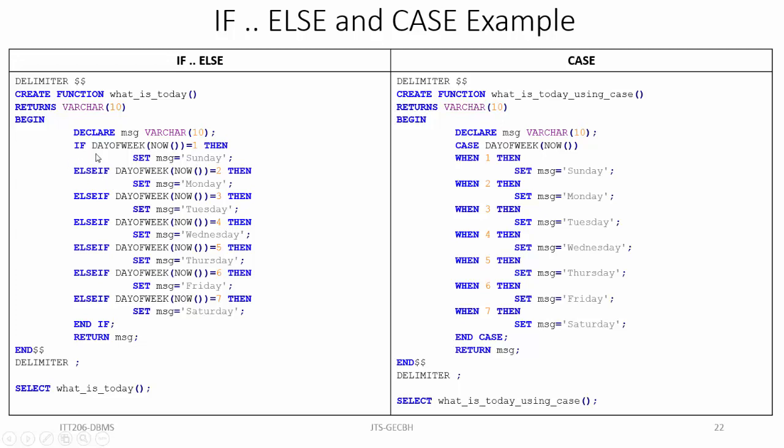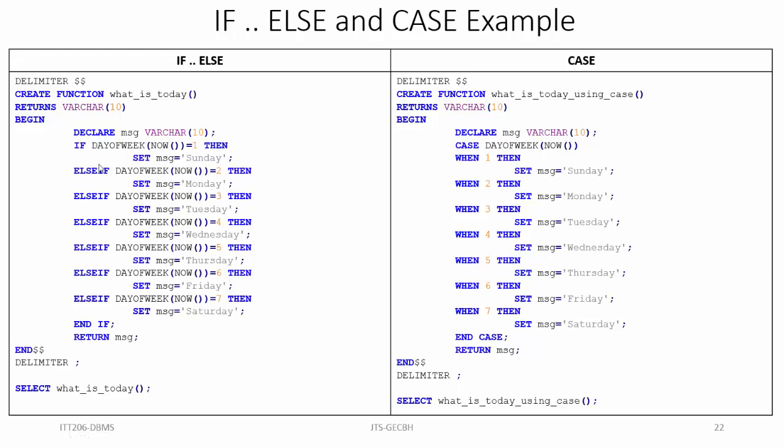In C or Java we would write else space if, but in MySQL it is written as a single word, elseif. That keyword is used to represent the next condition. First if, first condition, then elseif condition 2, then elseif condition 3, and so on. Finally, if you want, you can write an else statement, and after all these statements end, you should write an end if.